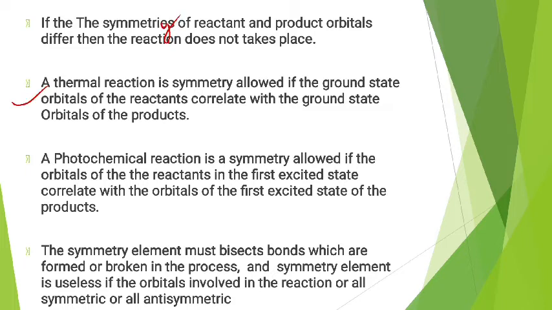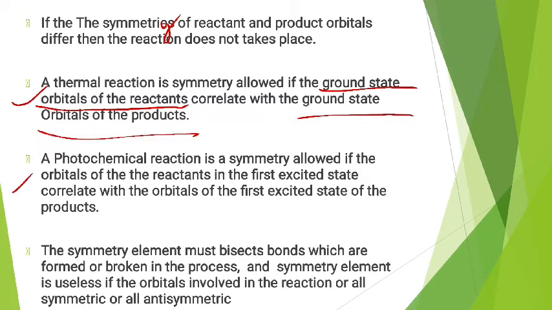So the condition for a thermal symmetry allowed reaction is that the ground state orbitals of the reactants must correlate with the ground state orbitals of the product. Then only the thermal reaction is symmetry allowed.